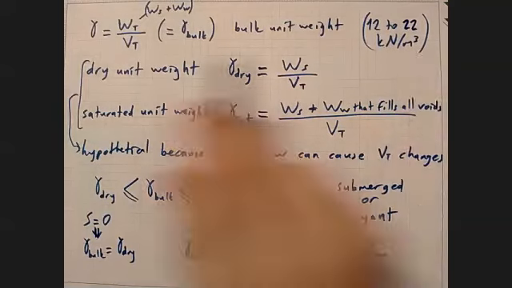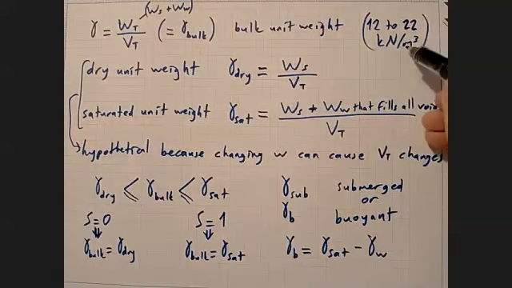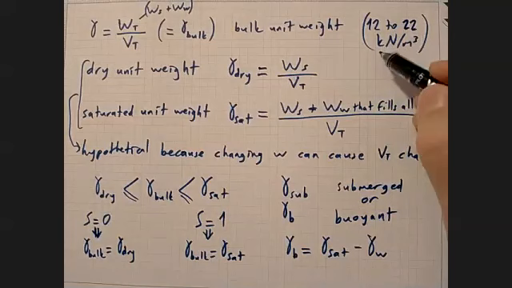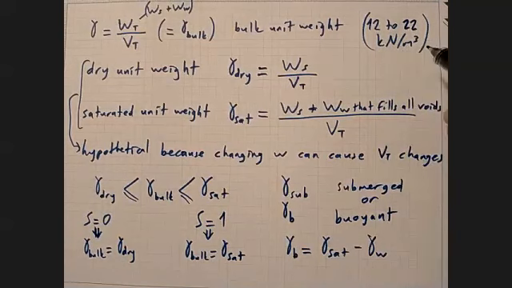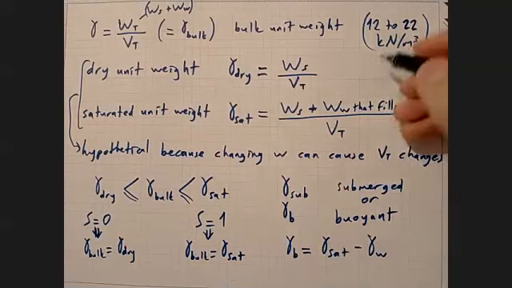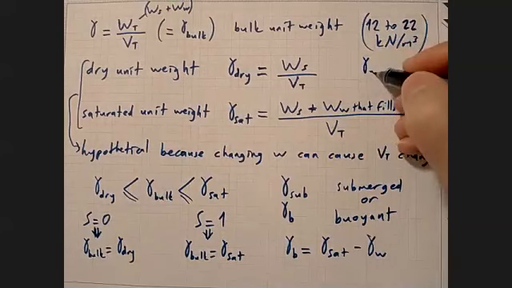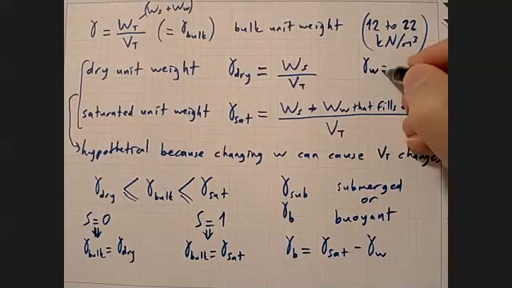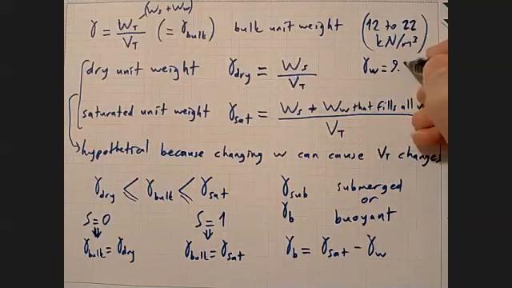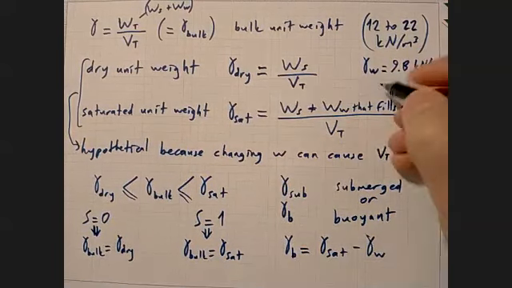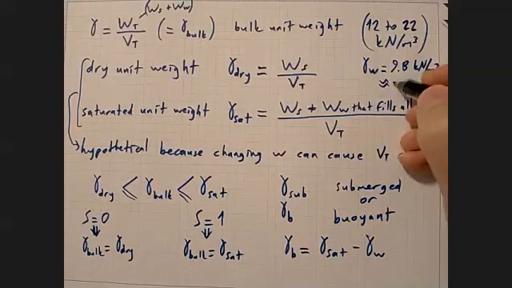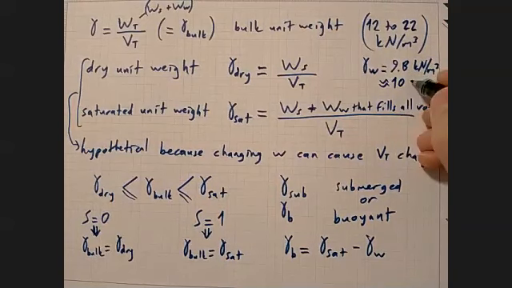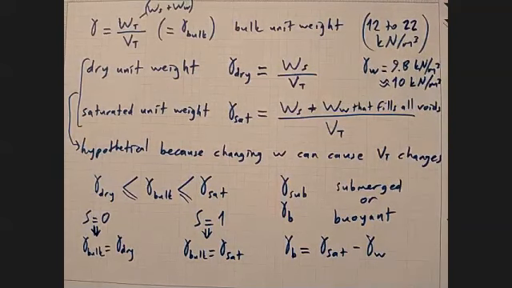But for unit weight, what we use is SI units. So here it is kilonewtons per meter cube, and gamma water is 9.8 kilonewtons per meter cube, or for most problems, most engineers directly take 10 for it.